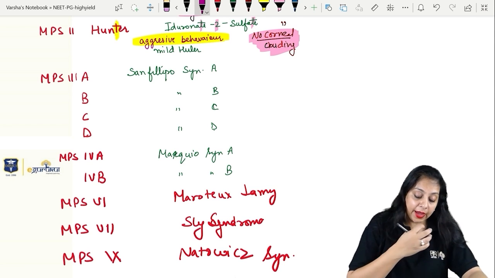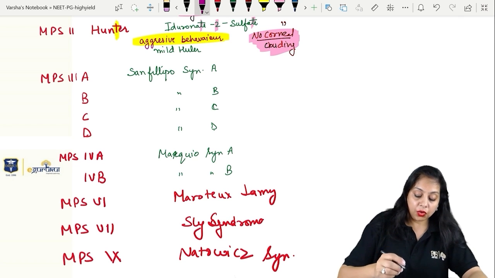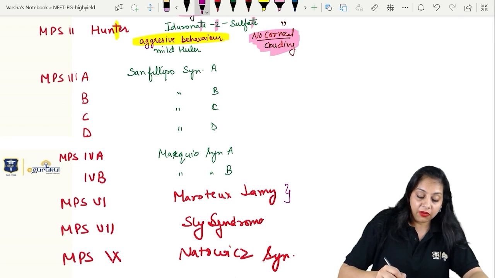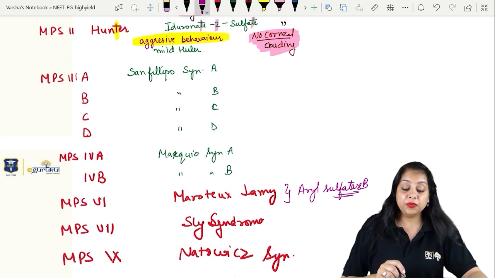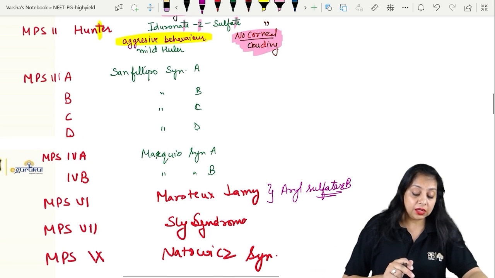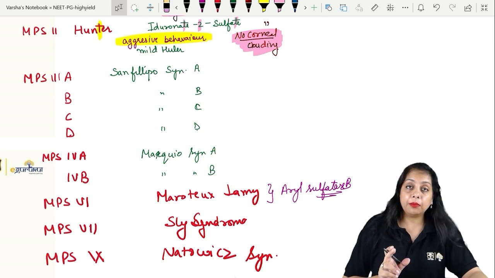Okay. So why do I want to discuss all this? First of all, know that Maroteaux-Lamy is the one where the deficient enzyme is aryl sulfatase B. We have seen aryl sulfatase A there. So in a rush, don't make a bad choice. Just be very careful when you are picking the choice.